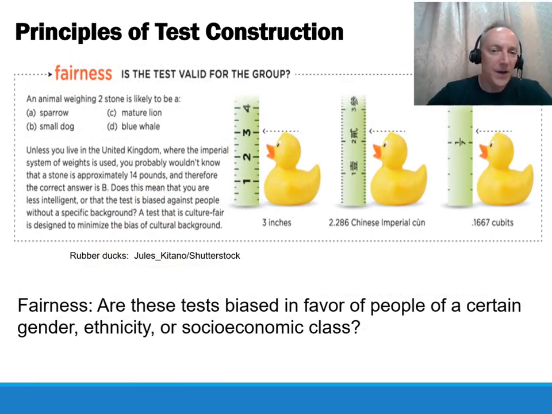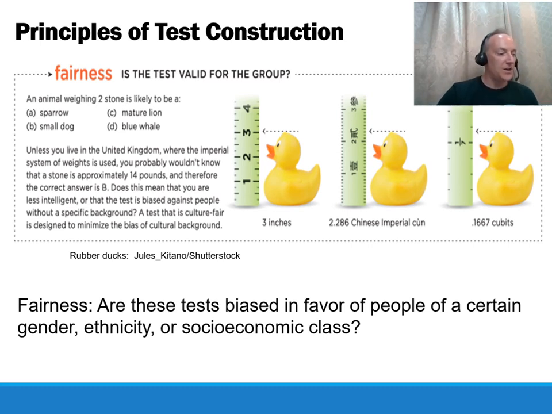And then the final principle in test construction is fairness. Is it biased for a particular culture, a particular gender, a particular ethnicity, a particular socioeconomic status?